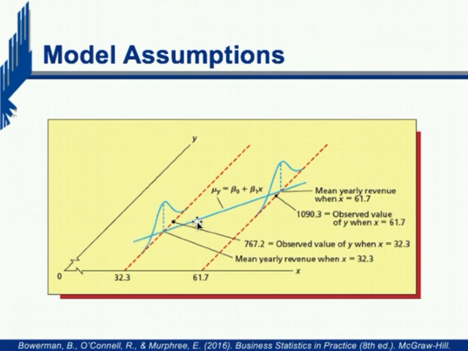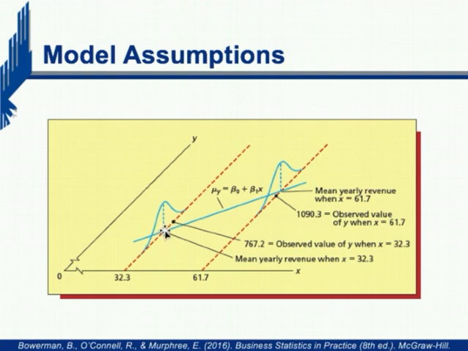Again, the blue line here represents the regression model, and these are the values that can be constructed using the formulas that were discussed earlier. Now, here at this point, we have the mean yearly revenue when x is equal to 32.3. So for a particular value of x, which is 32.3, the point here on the line indicates the average.